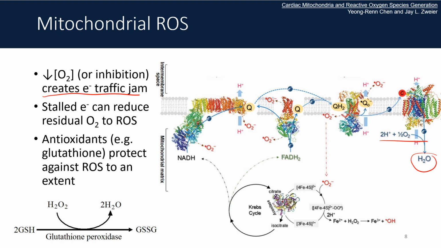If oxygen is low, this process at complex 4 slows down. So we're going to create a backup that's going to trickle up all the way to complex 1. And these electron shuttles that we're generating, QH2, cytochrome C, they're going to have nowhere to go.